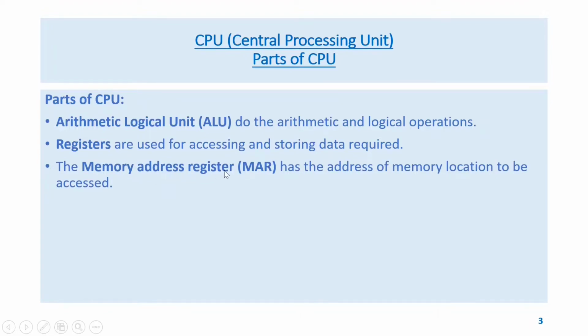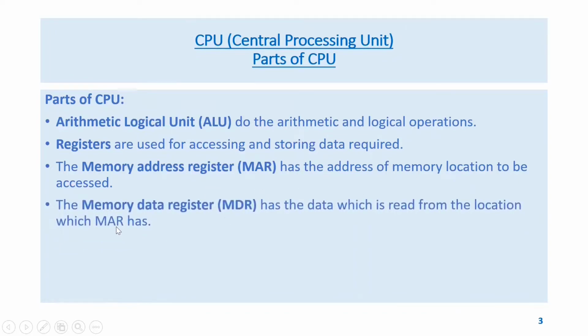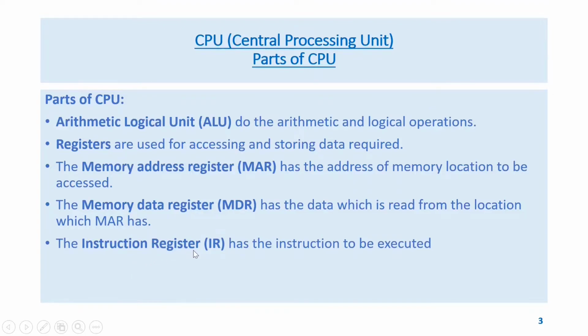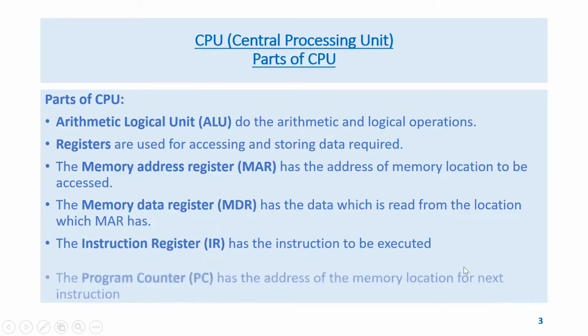The memory address register has the address of the memory location to be accessed, and the memory data register has the data which is read from the location held in the memory address register. The instruction register has the instruction to be executed on that piece of data.